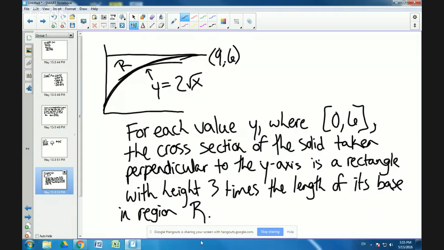So here's the problem. Now, how we're going to tackle this is, what it's talking about is this area, R, is the base of a solid. So each shape, you can just imagine that little tiny rectangles are extending off the top of this.